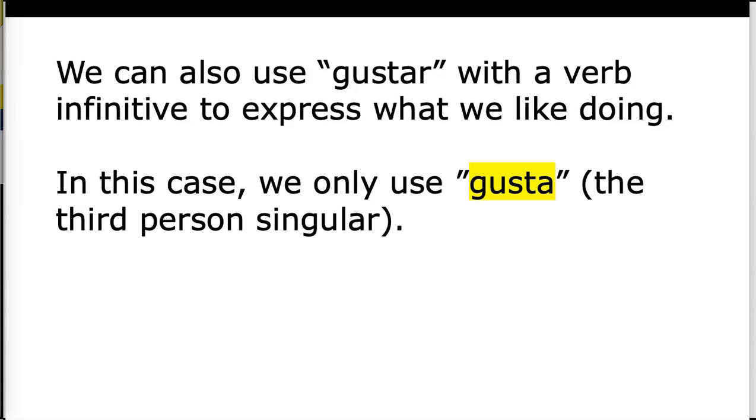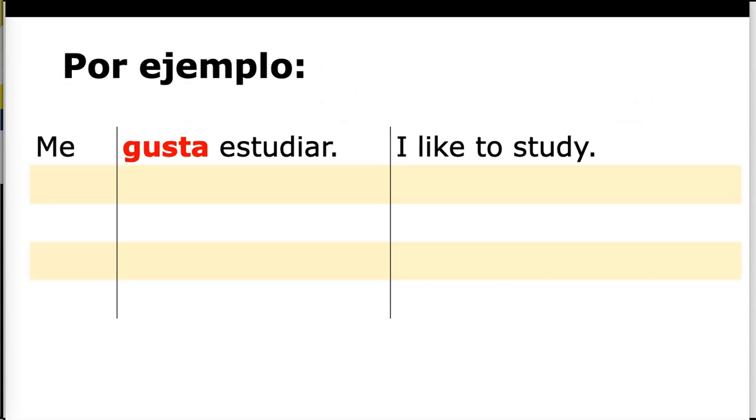Remember, we can also use gustar with a verb infinitive to express what we like doing. Like in English, we can say, I like dancing, or I like to dance. When we're doing this, we're using only gusta, which is the third person singular. Me gusta estudiar, I like to study.